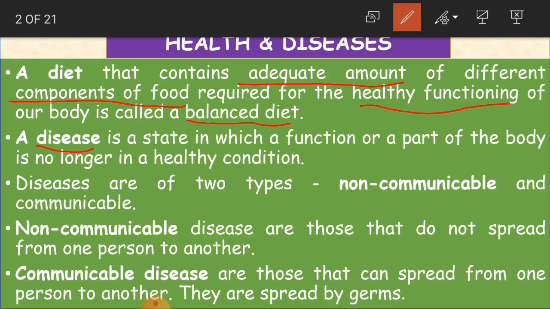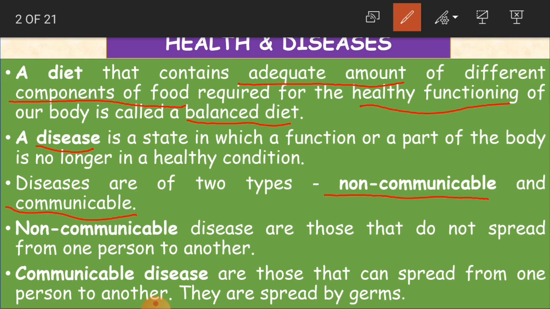Okay, and diseases are of two types. Diseases are of two types. What are they? Non-communicable and communicable. Non-communicable diseases are those that do not spread from one person to another.